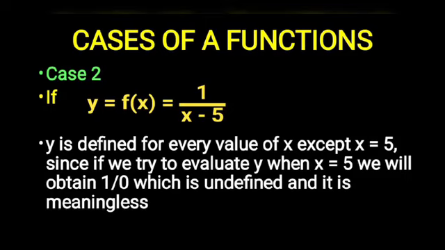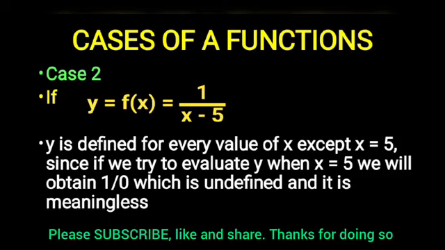Since if we try to evaluate y when x is equal to 5, we will obtain 1 over 0, which is undefined and it is meaningless. So there won't be any value for y when x is equal to 5.